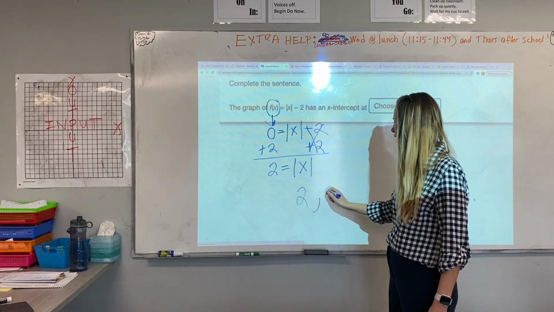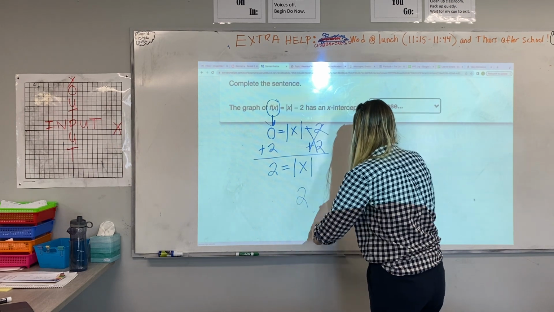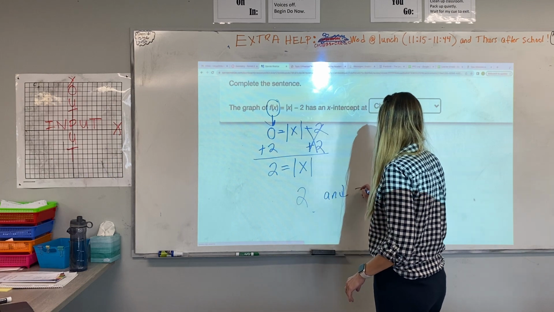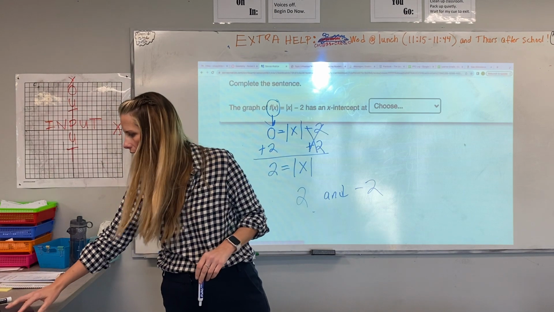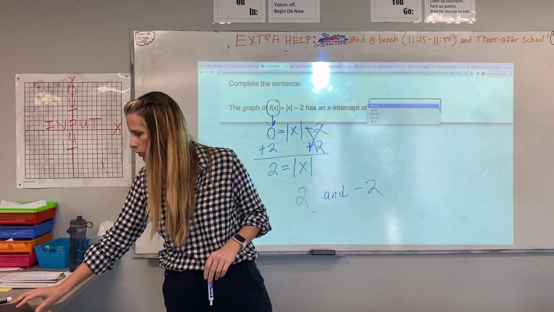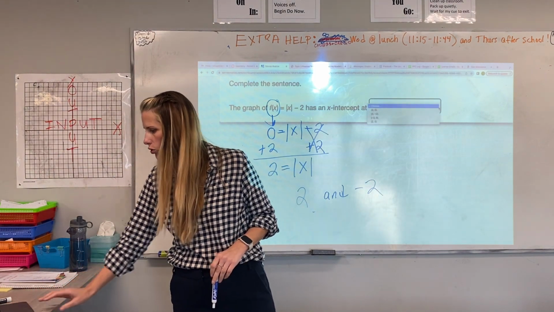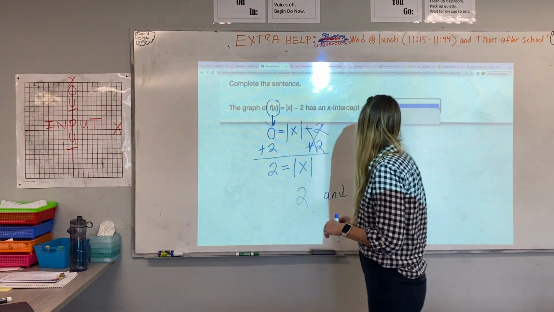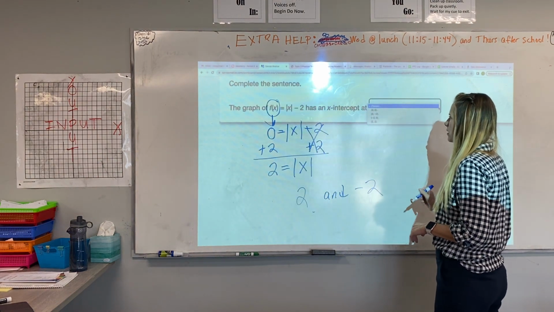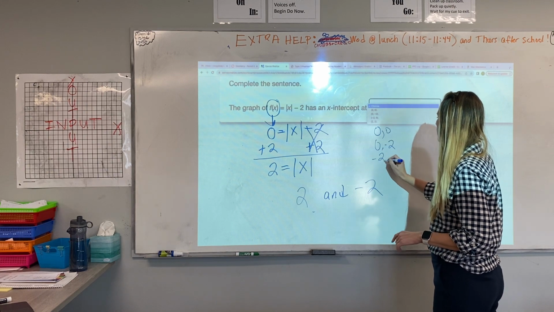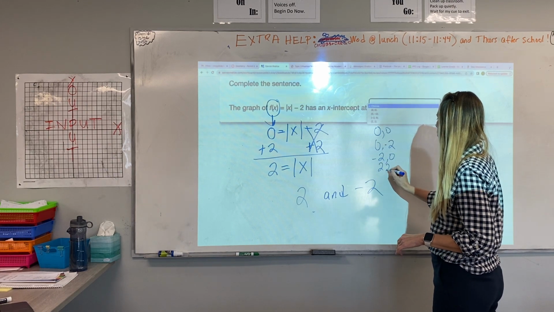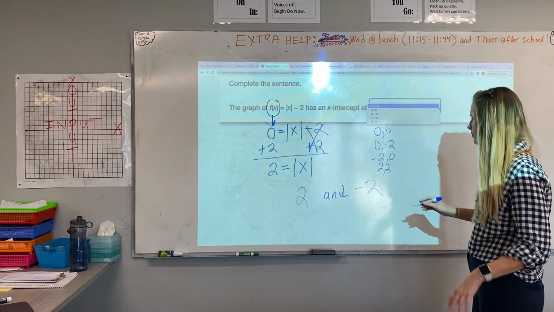Negative 2. 2 and negative 2 would be your x values. When you choose it, you have to choose, look, that's really tiny. It says 0, 0, 0, negative 2, negative 2, 0, and 2, 2.